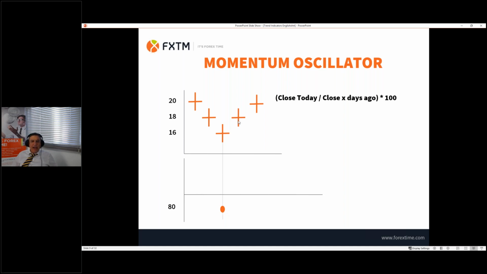The next closing price is 18 divided by 18 times 100, and obviously the answer is 100. And we plot this point right here. You see, the baseline for momentum is 100. Now, if I take this price, which corresponds to 20, and divide it by 16 and multiply by 100, the answer, of course, is 125.